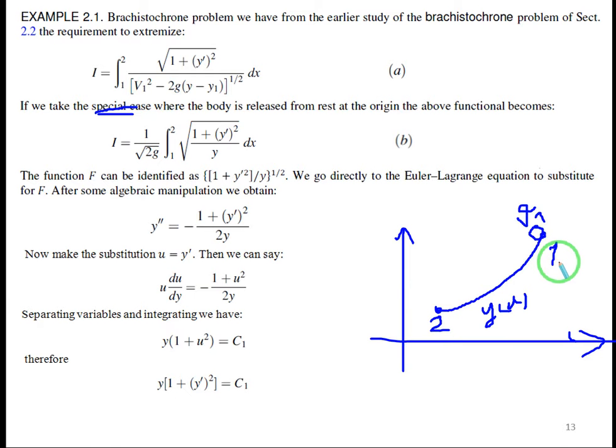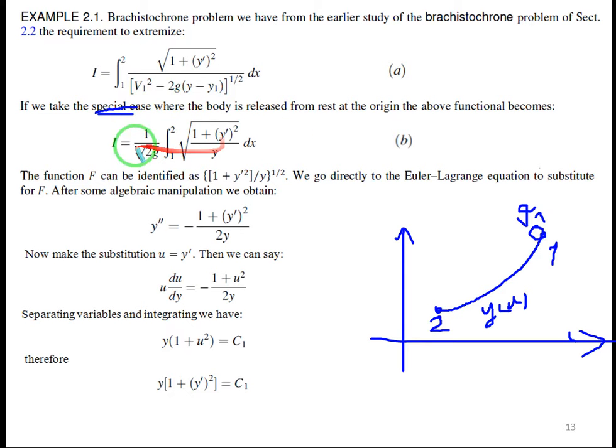It doesn't change the problem. Let's put the origin at point 1, so we can say that y1 is equal to 0 and v1 is equal to 0. So we can rewrite the problem as follows.